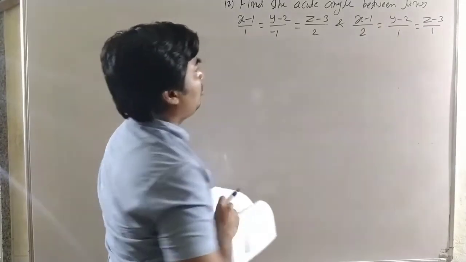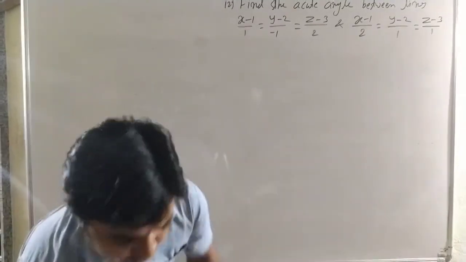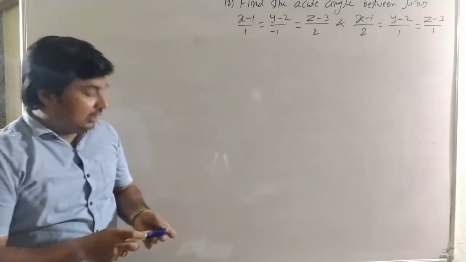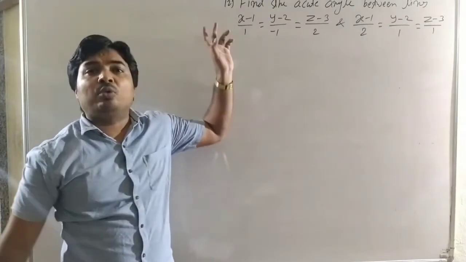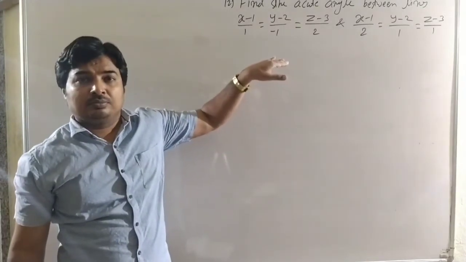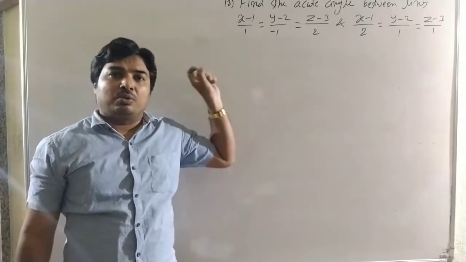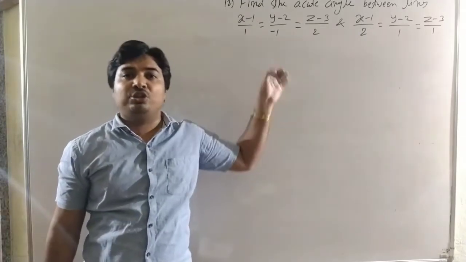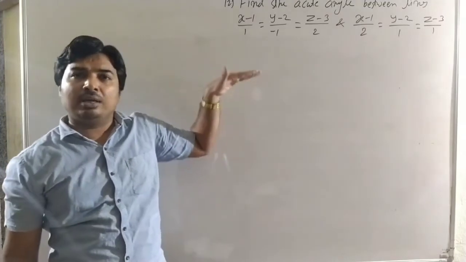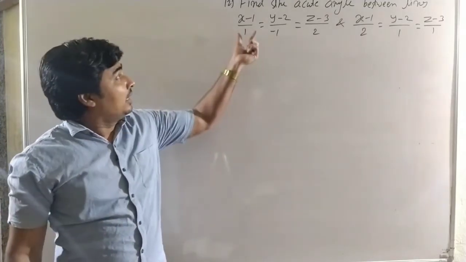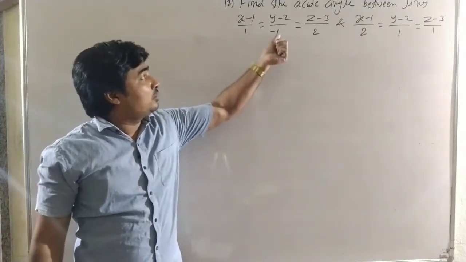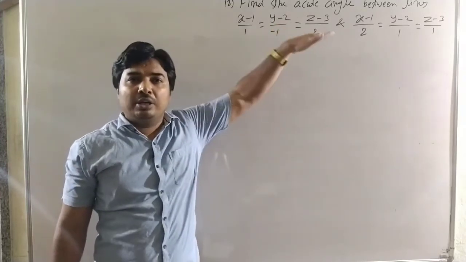Okay, now we want to find the acute angle between the lines. In the chapter on vectors, we saw the acute angle between vectors, and also how, when the direction ratios are given, we find the acute angle between them. Here the direction ratios of the lines are 1, minus 1, 2 as a1, b1, c1, and a2, b2, c2.